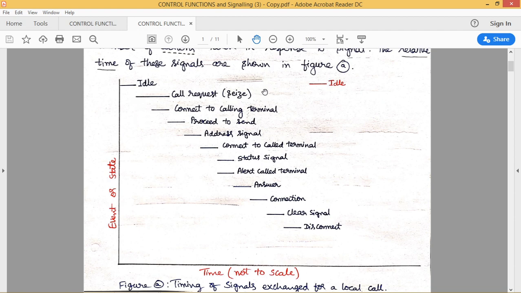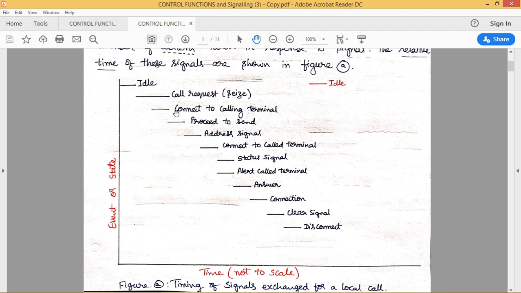It then identifies the calling person, because billing has to be done. Once all those operations are performed by the local exchange, it connects to the calling terminal.